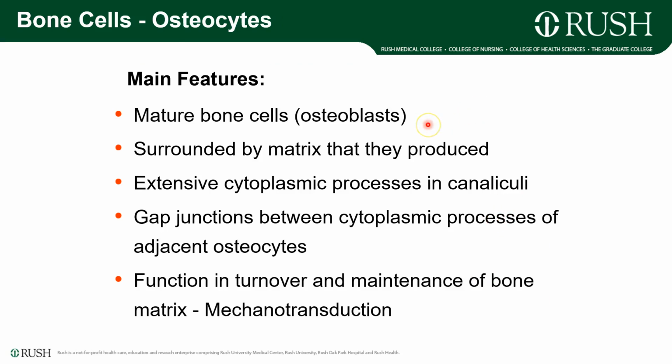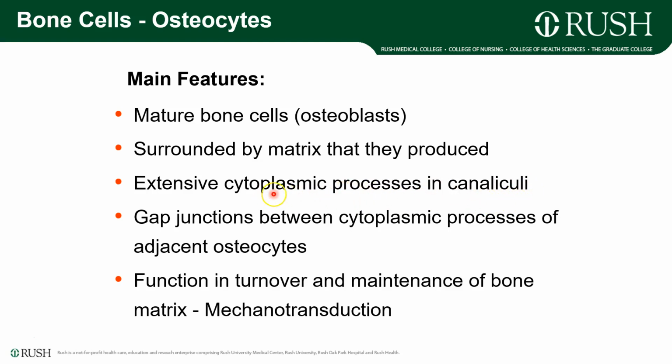Now, the osteocytes, as we said before, are the mature osteoblasts, and they are surrounded by the matrix they have themselves produced. One of the things that is very critical in terms of their function is their extensive cytoplasmic processes in canaliculi.